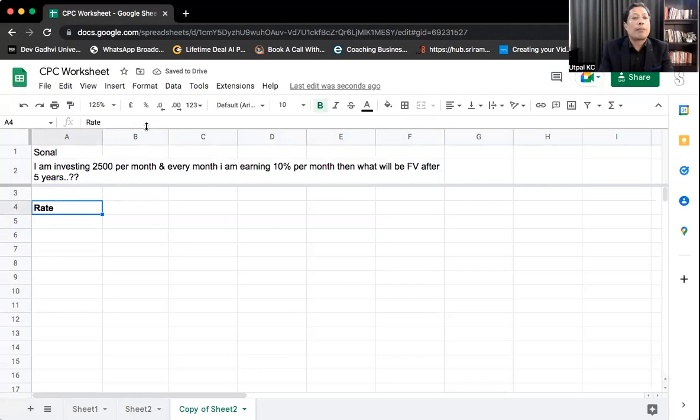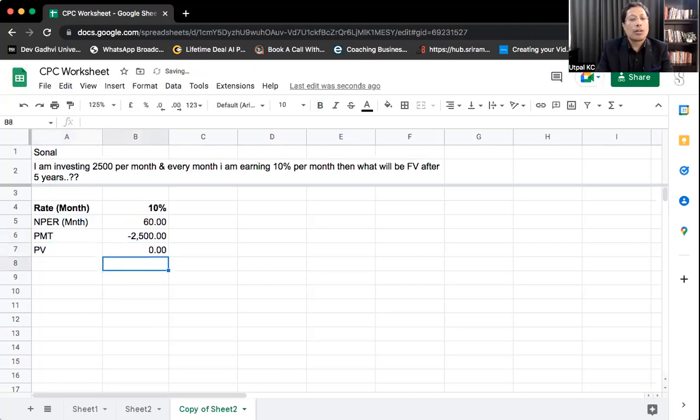NPER is 60, again months. Your PMT is minus 2,500. Present value is 0. So you need to find out the future value. That's it. Amish has already calculated it.